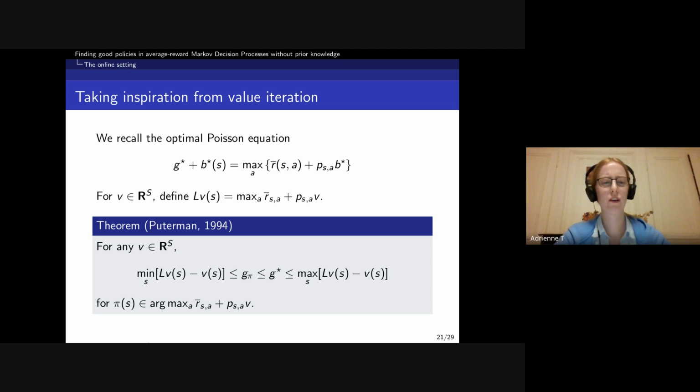But we can't know everything, though we can still estimate it. So what if we built estimators for PSA times V? What if we built estimators for the L operator? What if we built estimators for the span of LV minus V? Well, if we build those estimators well, then we could use the stopping rule. And that's precisely what we're doing.